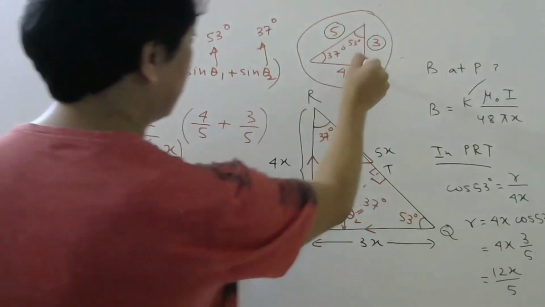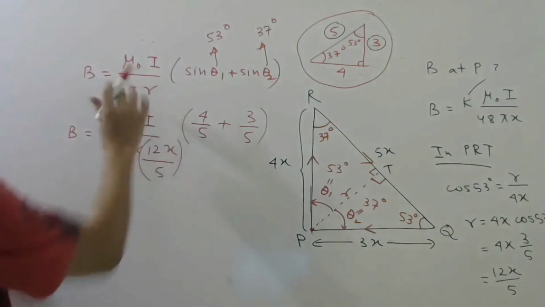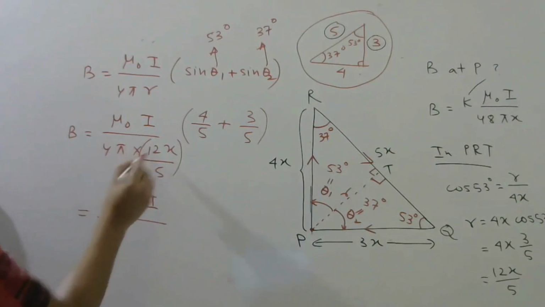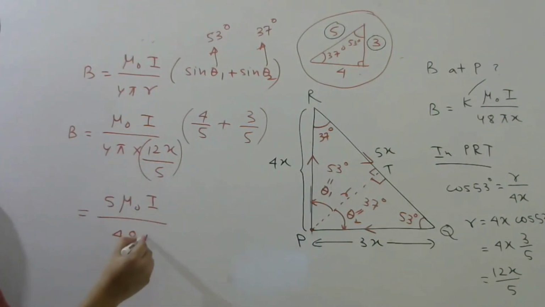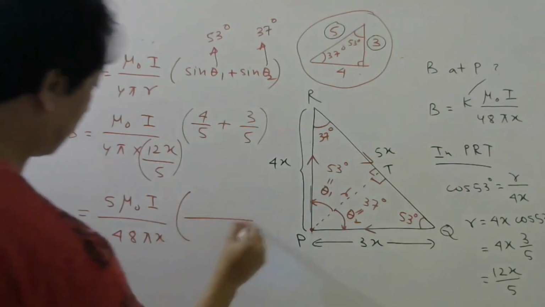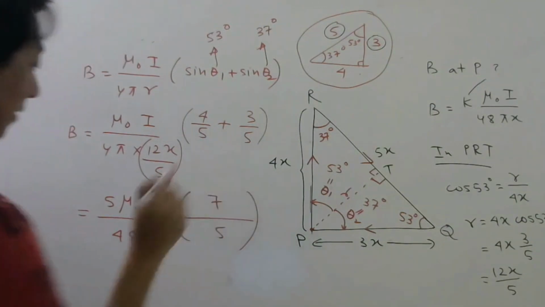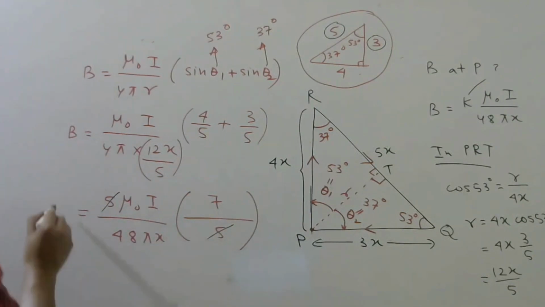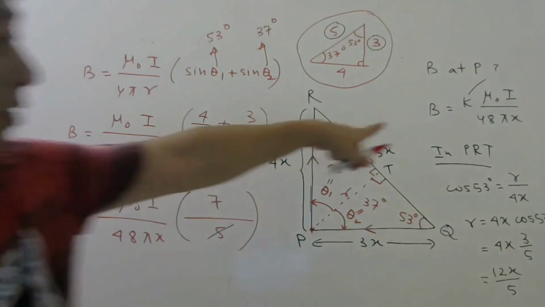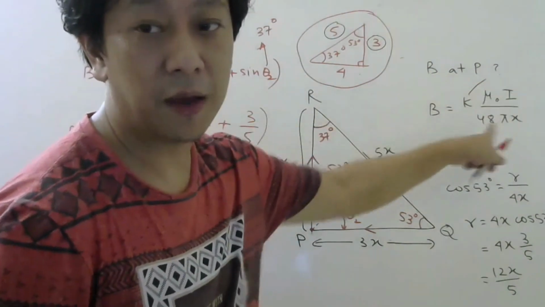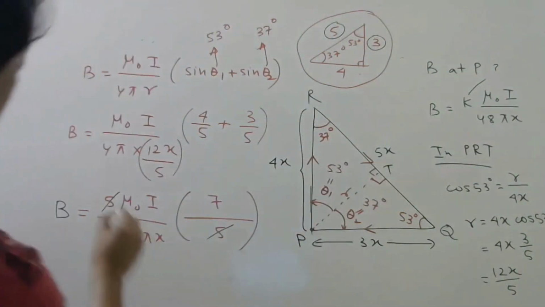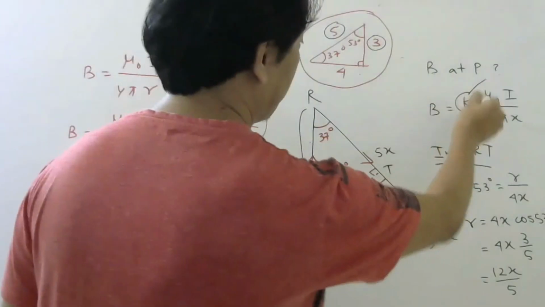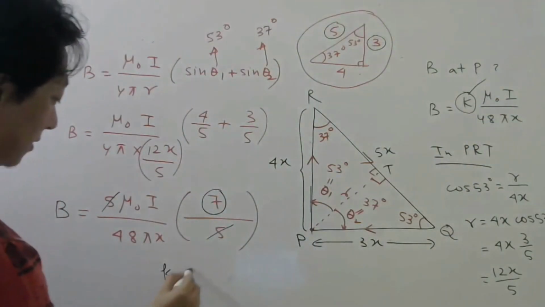This triangle is very useful, okay? So this 5 I can take up. 5 mu naught I, 4 2s are 8, 48 pi x, and here 4 plus 3 is 7. Correct? So your 5 will cancel, and now if you compare this magnetic field with the given magnetic field, mu naught I by 48 pi x, mu naught I by 48 pi x, this 7 must be your K. So K must be 7.